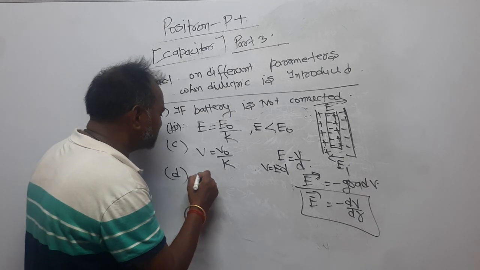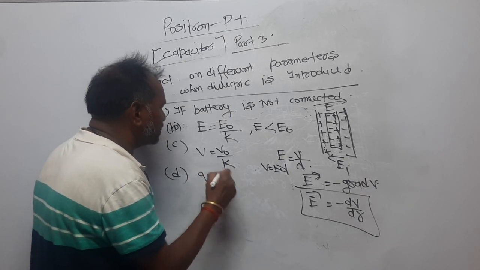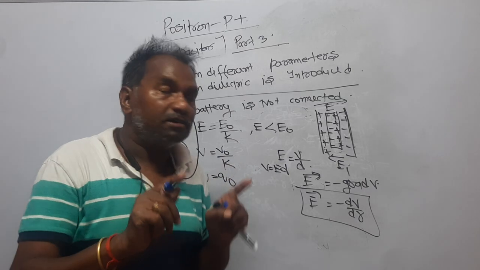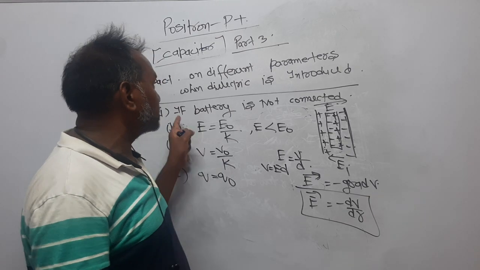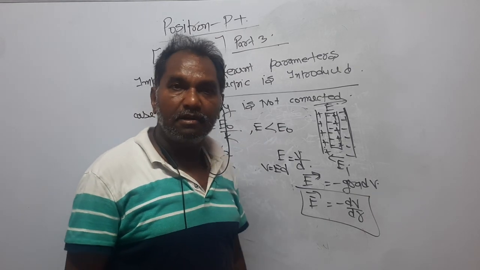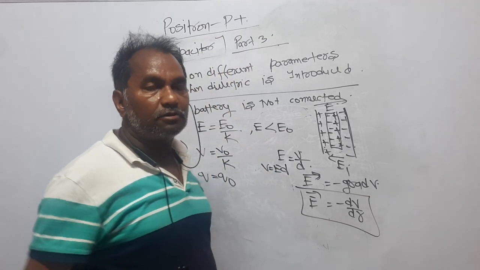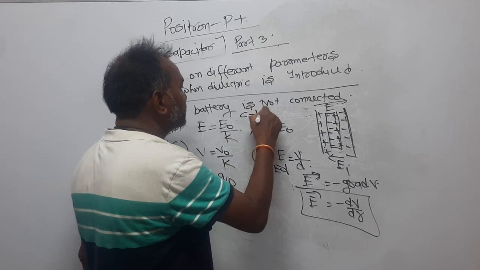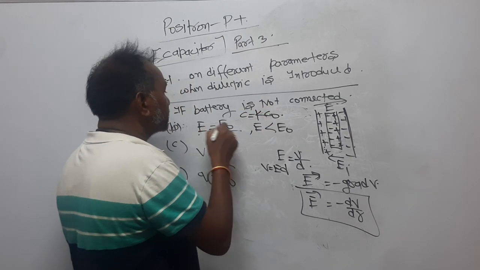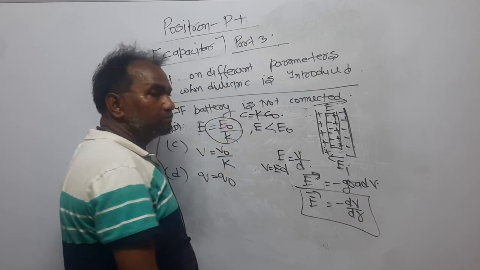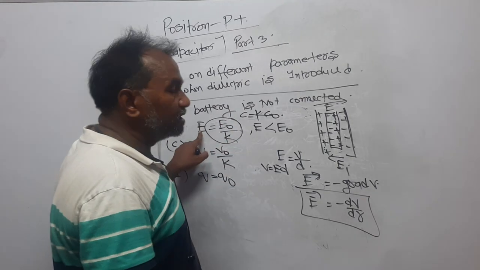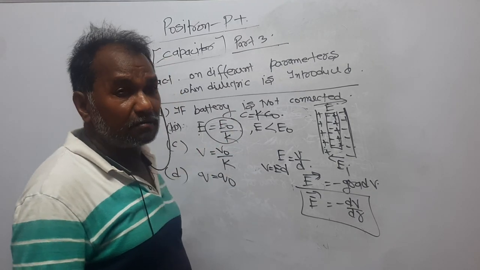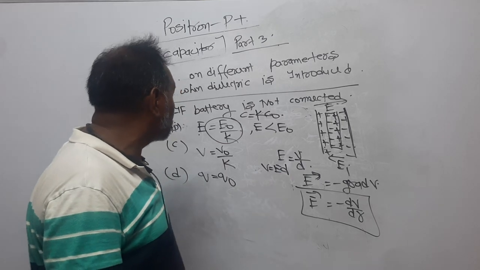So charge in this case will remain the same. Dear student, try to understand, if the battery is not connected and you have introduced the dielectric, then C becomes K times, and electric field is reduced by 1 by K. If field is reduced, then potential will be reduced because V is equal to E into d.